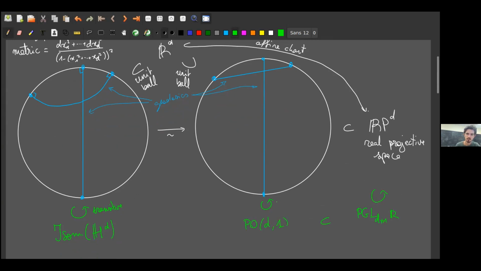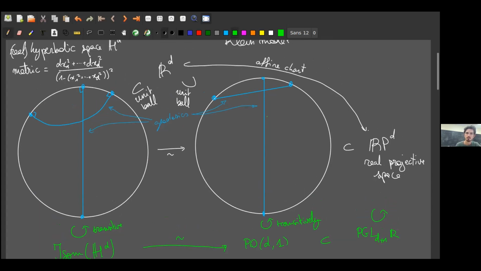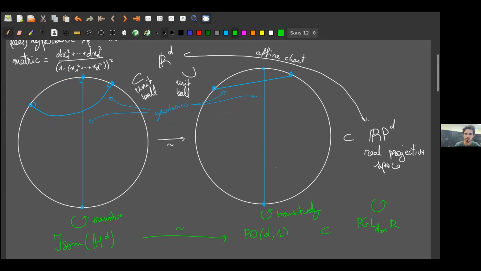It acts also transitively on the disk, and this disk also provides a model for the hyperbolic space, in the sense that we have a bijection between the two disks which is equivariant with respect to an isomorphism between the two group actions. There is a nice formula that gives the distance in this model, but I won't need it, so I won't recall it.